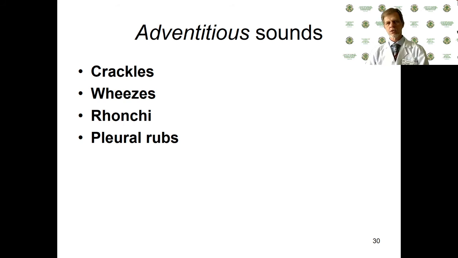Sometimes we use, in Russian literature, the term rales, in English, rales. And we divide these rales into moist rales and dry rales. Moist rales, dry rales. Okay, what is it? The moist rales are also known as crackles. Dry rales in English, in American literature, are known as rhonchi. The crackles are moist rales. Rhonchi are dry rales.